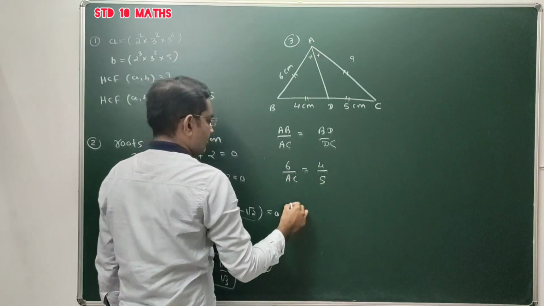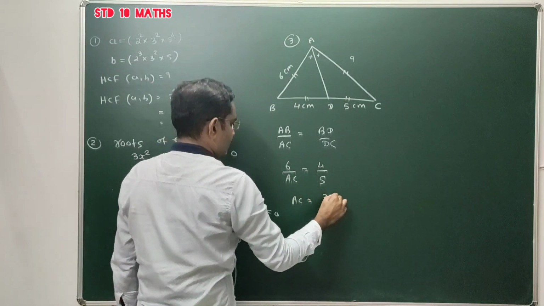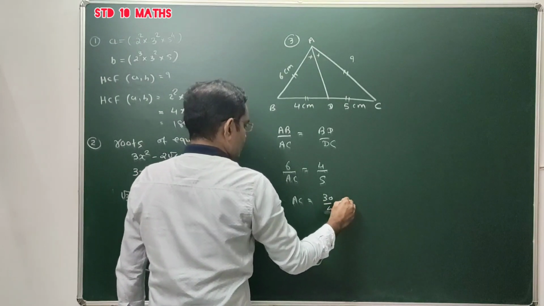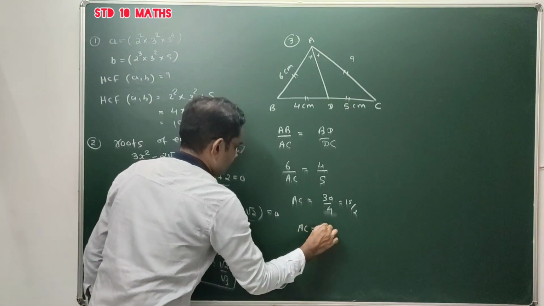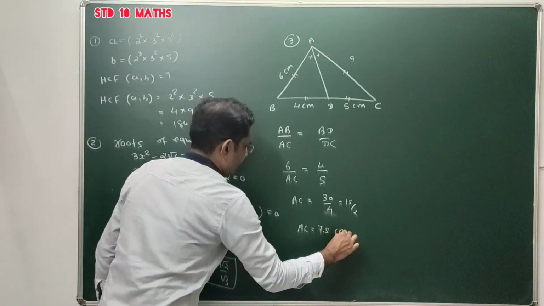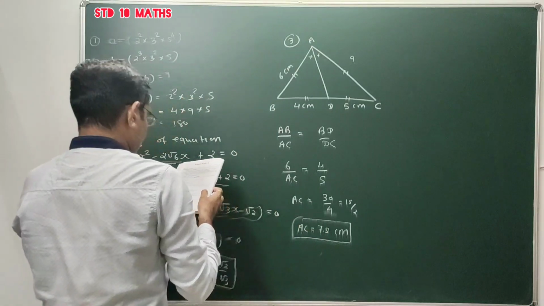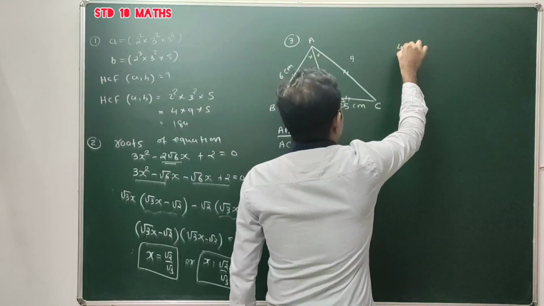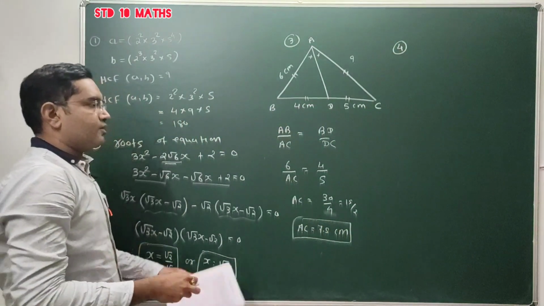So perform cross multiplication. Our answer AC is 6 fives are 30 by 4, that is equal to 15 by 2. So our AC is 7.5 centimeter, that is the answer. Clear students? Now next question, question number 4, that is from the circle.